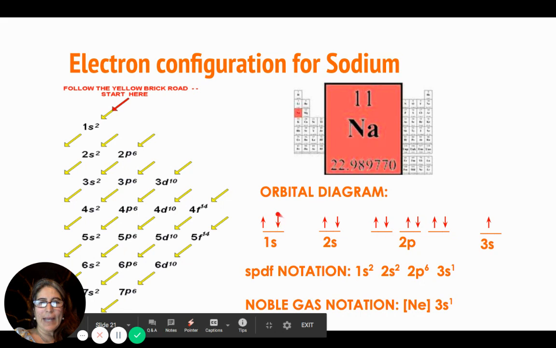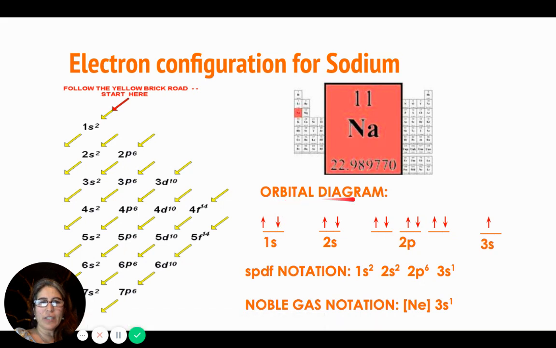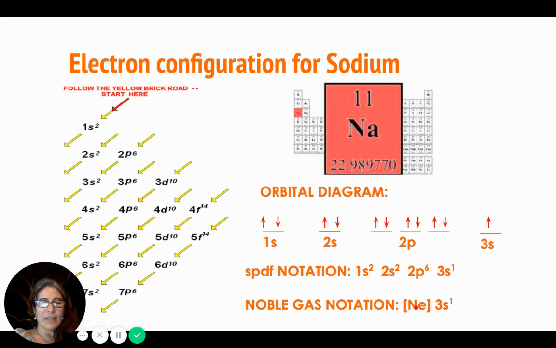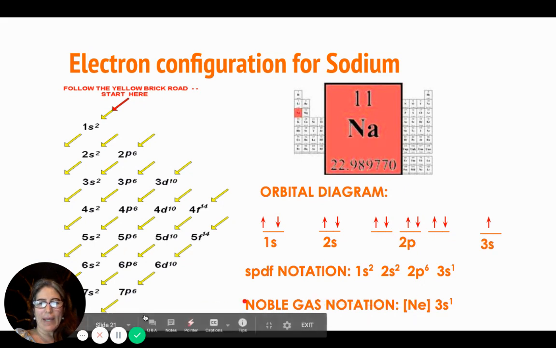So it would be as if we are going to consider all these up to 2p6 in the brackets. We're going to consider 1s2, 2s2, 2p6 as the neon. And then outside of the brackets, we are going to place whatever is missing, in this case, the 3s1.